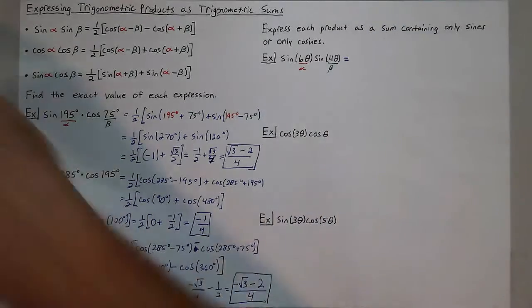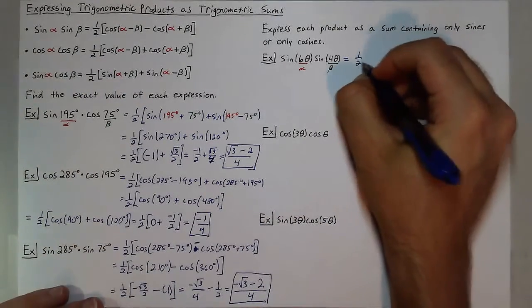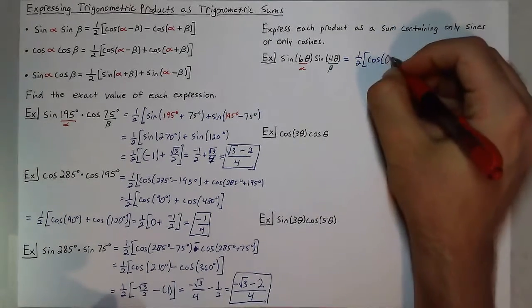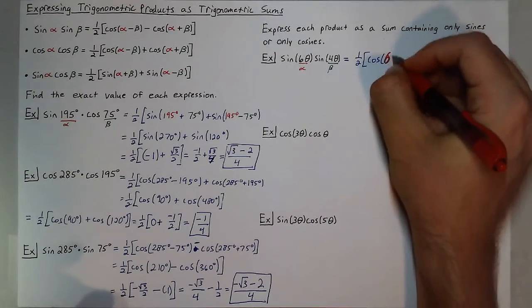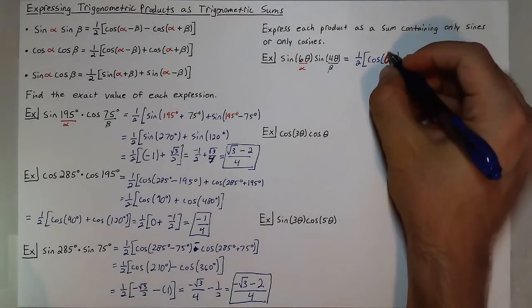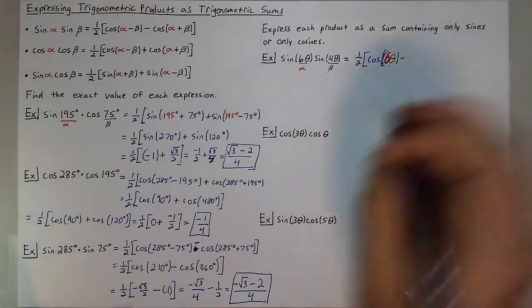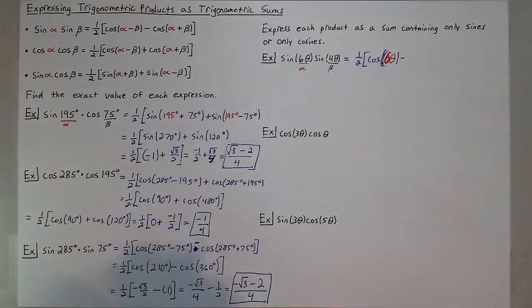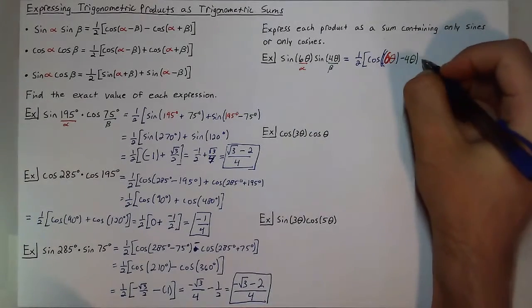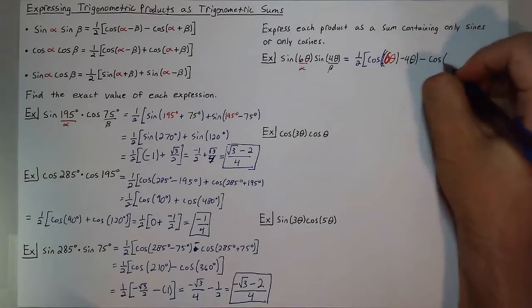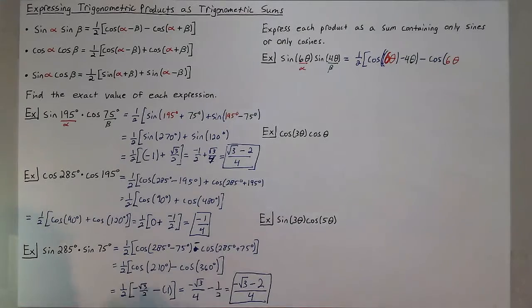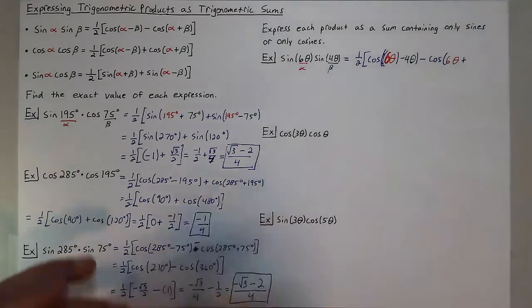Using that formula, I get 1/2 of cosine of alpha, which is 6 theta, minus beta, which is 4 theta, then minus cosine of alpha, which is 6 theta, plus beta, which is 4 theta.